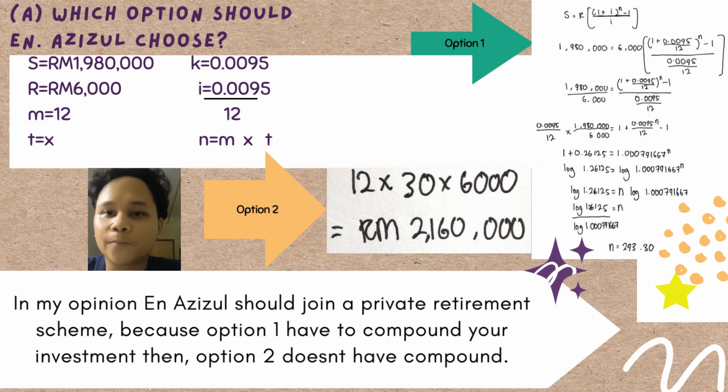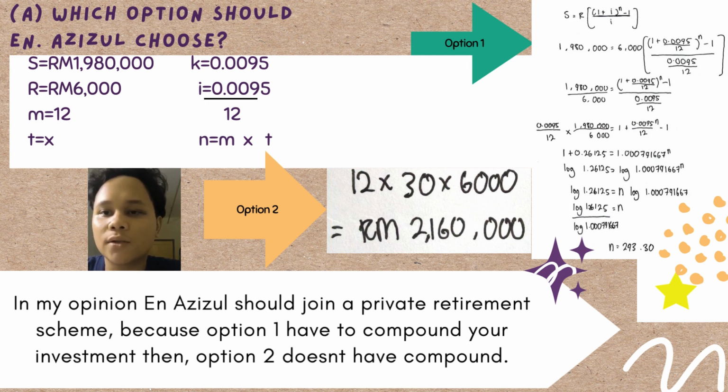Like you see on this slide, the amount is RM1,980,000 and R amount is RM6,000 and M is 12, N equal to x because we don't know its value.